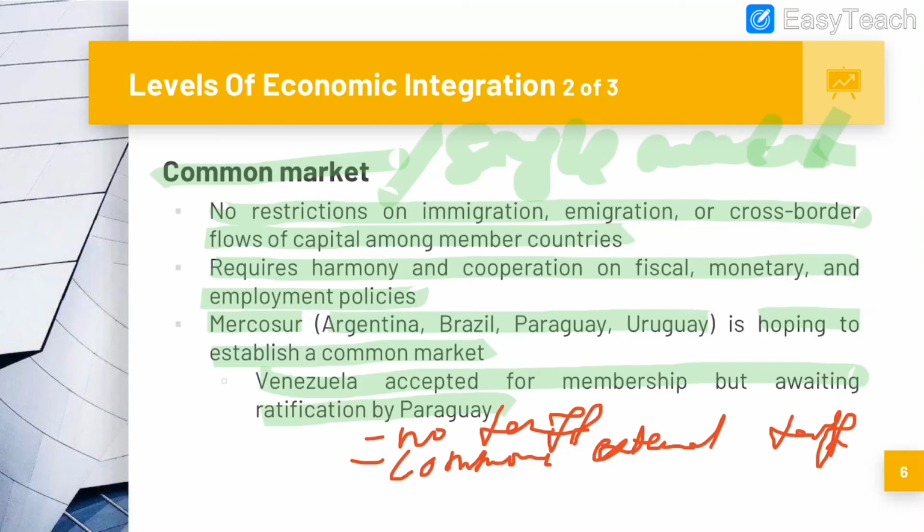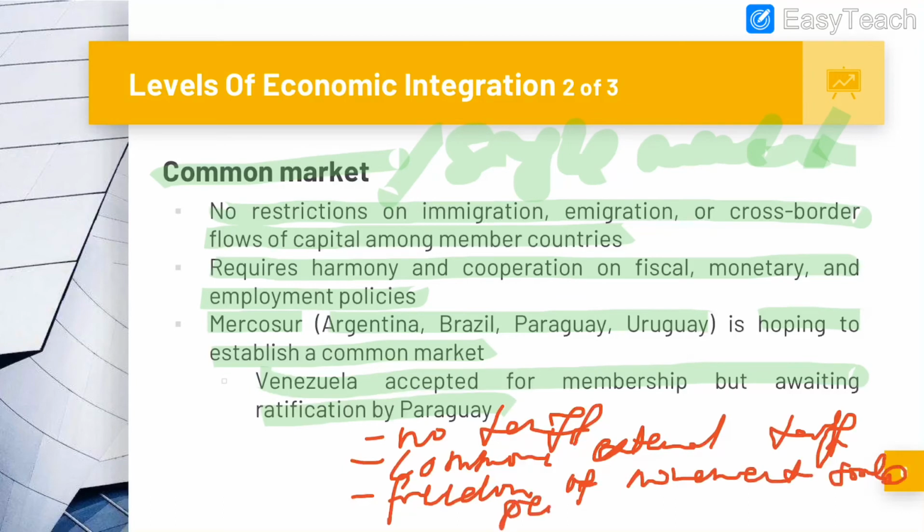Freedom of movement, goods and people. And common rules and regulations. Okay, this means people know the immigration situation, even though you're in a different country, you can just enter the country freely.